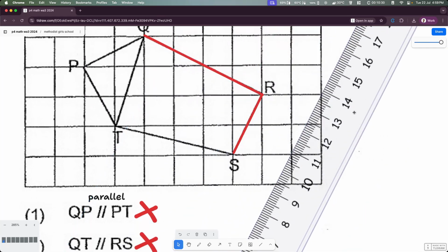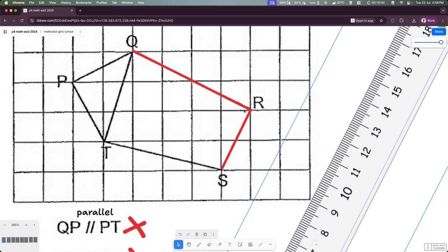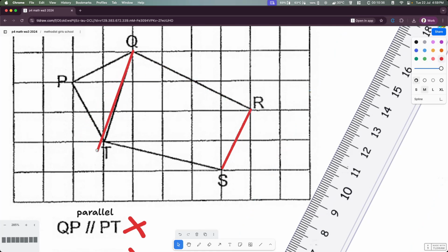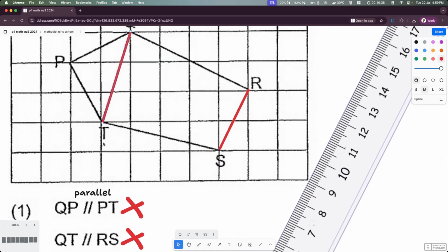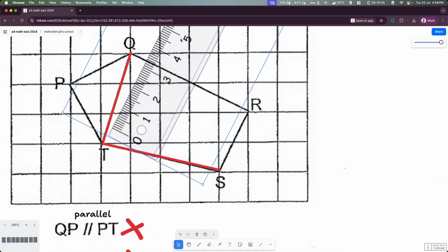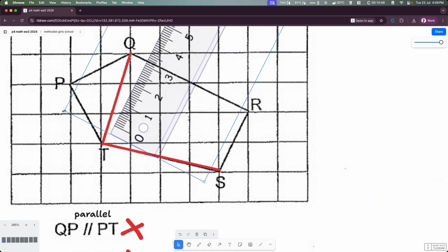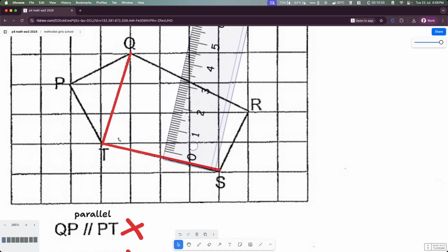Let's try the other one just to confirm. QT and TS. Let's see if they are perpendicular to each other. Using a digital ruler, which is a bit hard for me to change, but I'll manage.